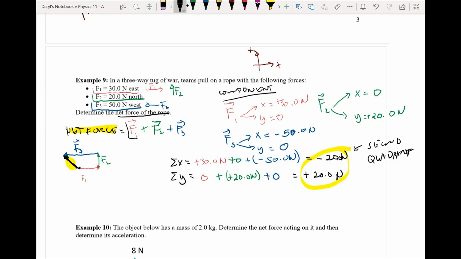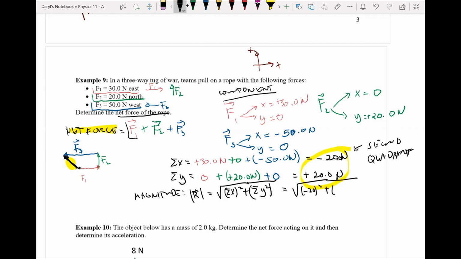After taking the sum, we need to get the magnitude. The magnitude of your R, or the resultant force, is just the square root of summation of x squared plus summation of y squared. So that is the square root of negative 20 squared plus 20 squared.